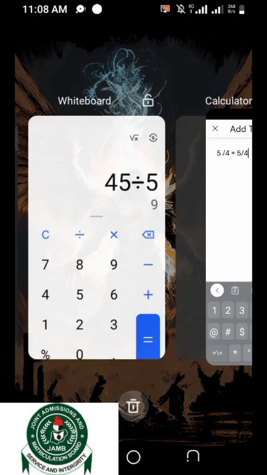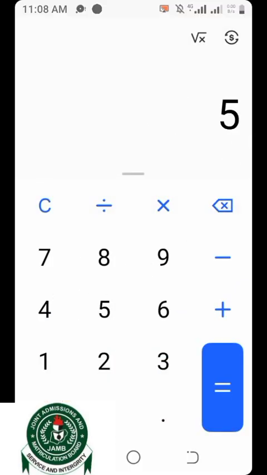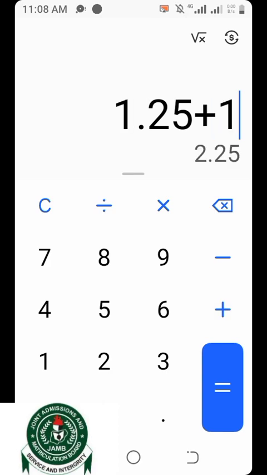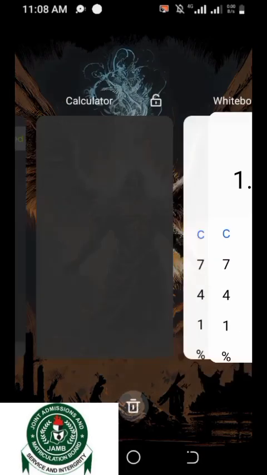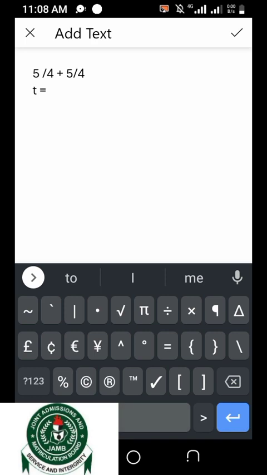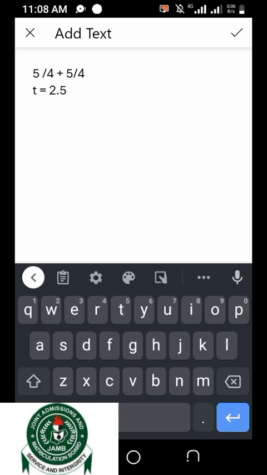So 5 divided by 4, we can go to a calculator. 5 divided by 4, 1.25, 1.25 plus 1.25. So we have 2.5. So our time is equals to 2.5 hours.